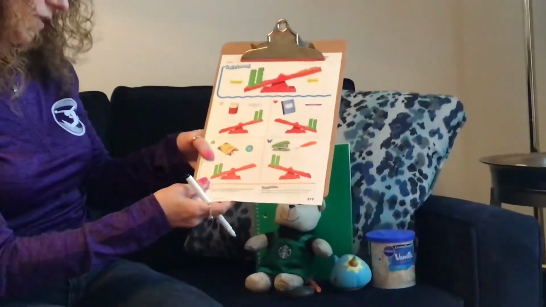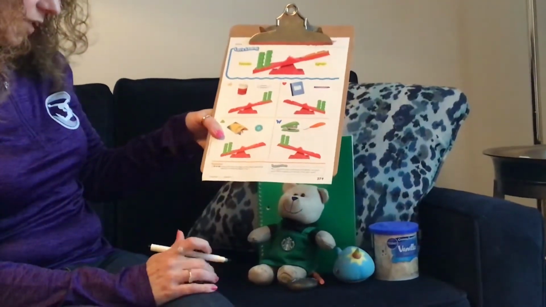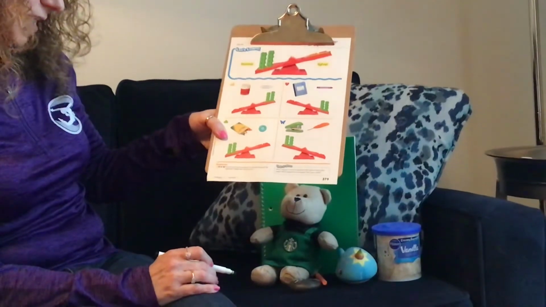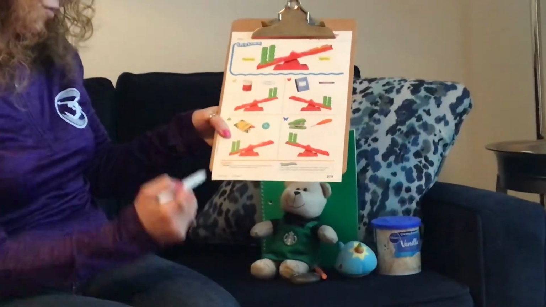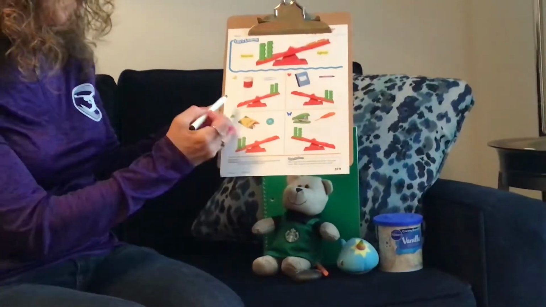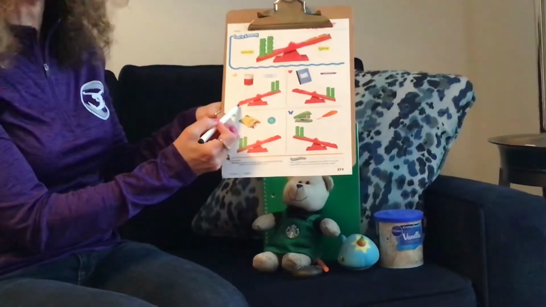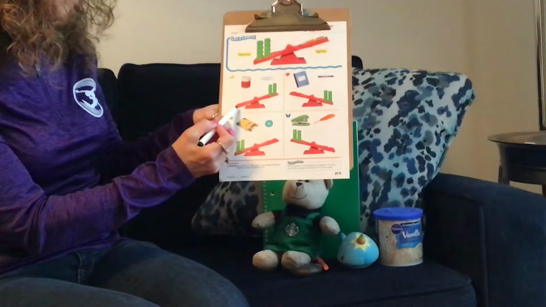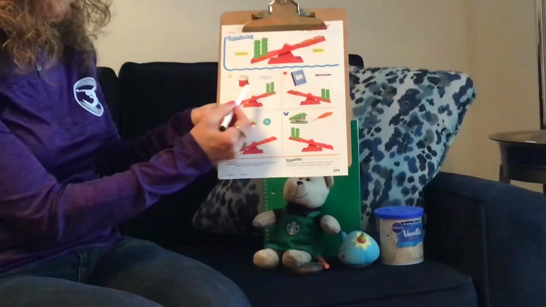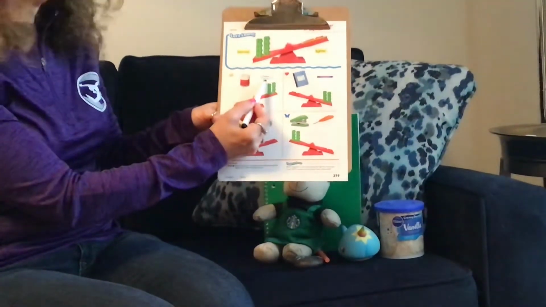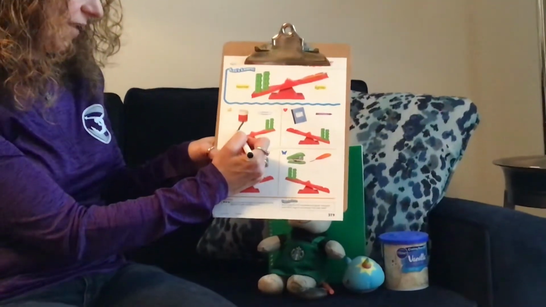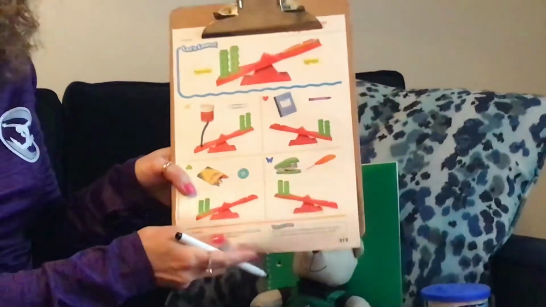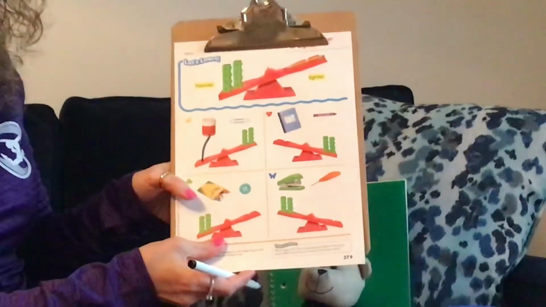We're going to start in the duck row, and we're going to draw a line to the object that is either heavier or lighter to fit in the scale. So if we look in the duck row, this side is down. So we're going to need the heavier object, a jar of paint or a paper clip. So we draw that line right down there because that jar of paint would be heavier and making it fall.